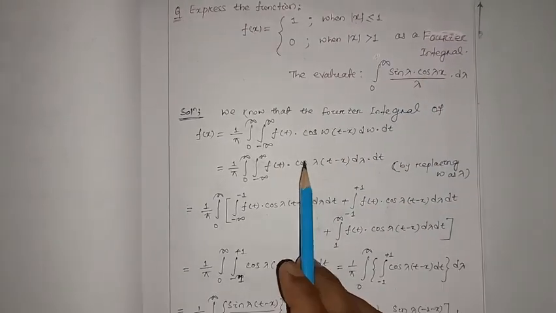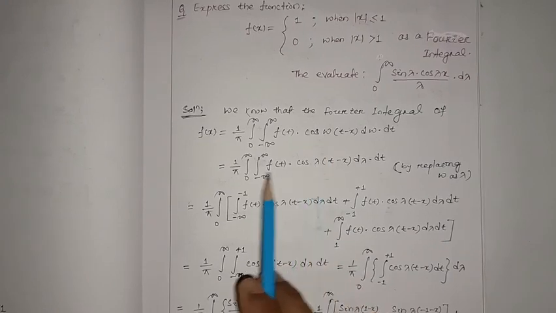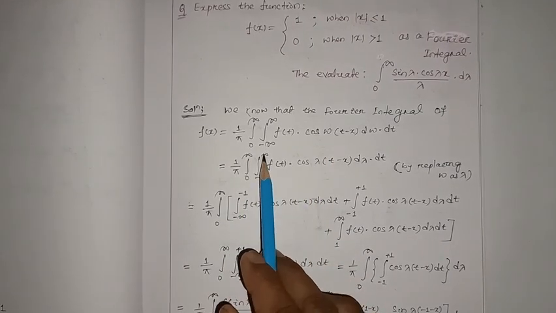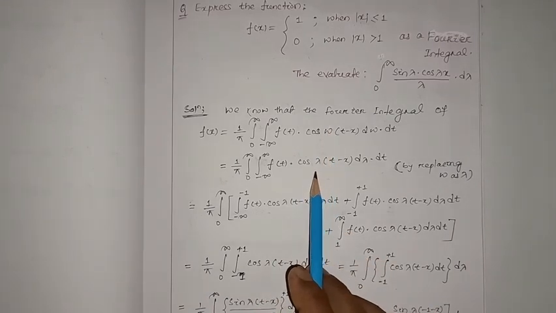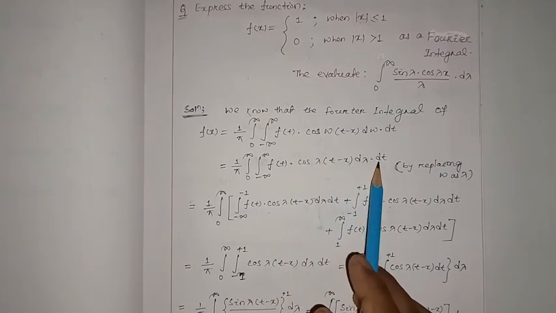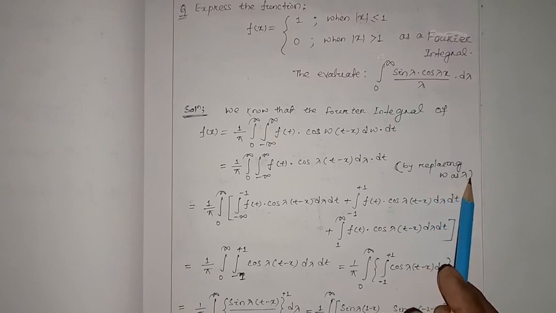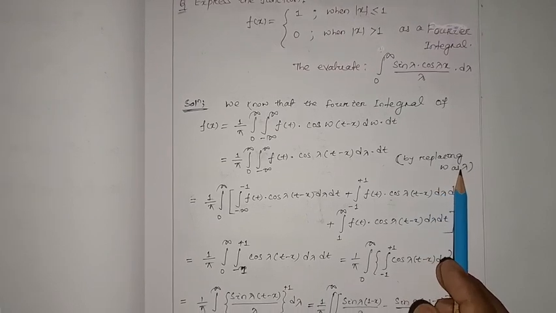So 1 by pi 0 to infinity, minus infinity to infinity, f of t cos lambda t minus x, d lambda dt. Obviously d omega will be d lambda.